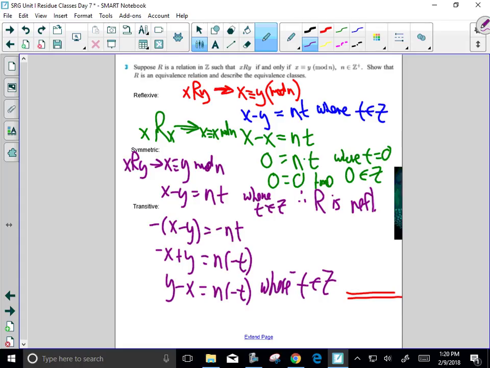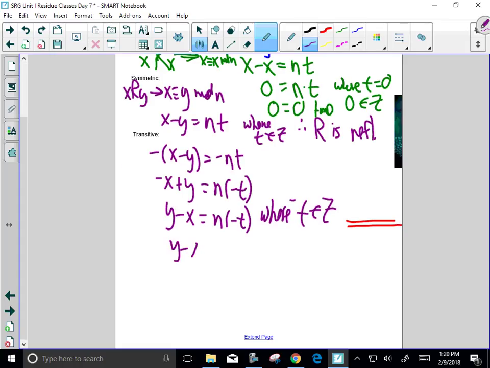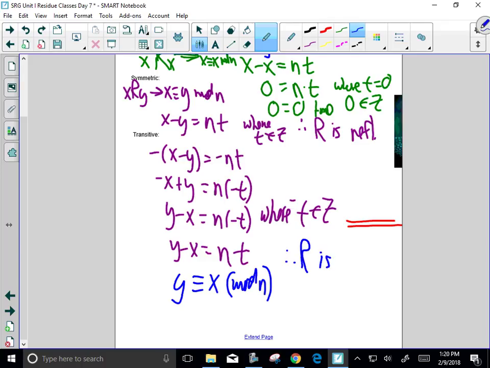So then what we can say here is Y minus X equals N times T, which can go to what? What can we then say? Y is congruent to X mod N. Yep, therefore R is symmetric.